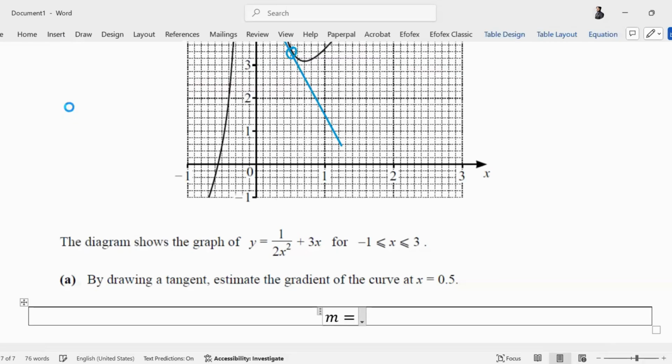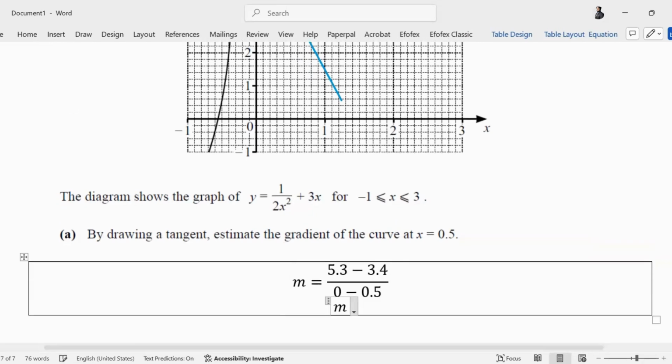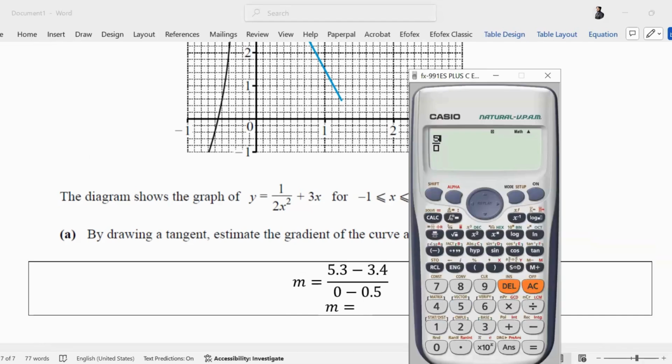So m is again y2 minus y1, 5.3 minus 3.4, upon x2 minus x1, 0 minus 0.5. So the gradient is 5.3 minus 3.4 upon 0 minus 0.5, and it is minus 3.8.